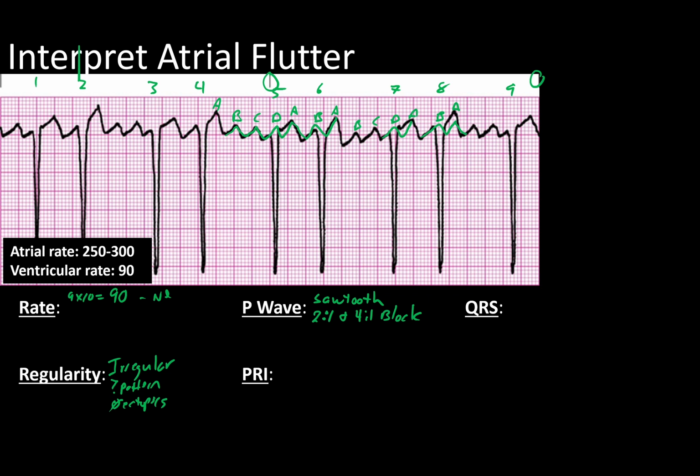So there is a pattern, but it is variable.